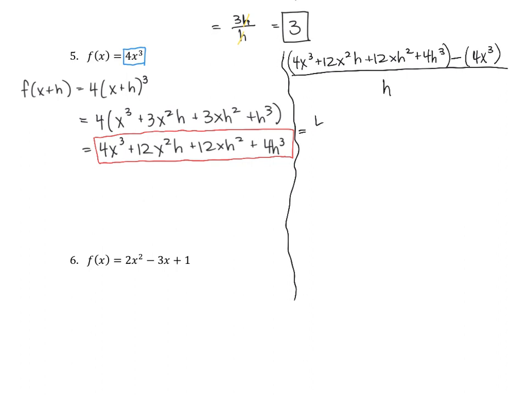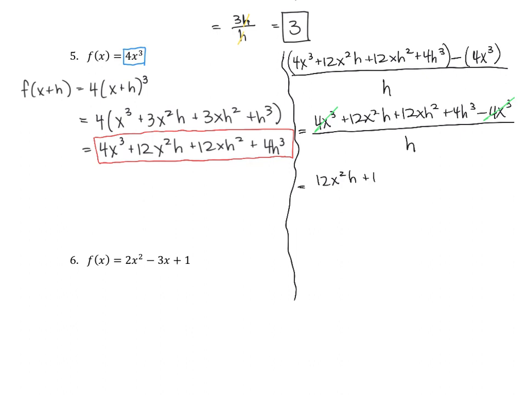All right, so 4x cubed plus 12x squared h plus 12xh squared plus 4h cubed minus 4x cubed all over h. So notice I have 4x cubed and negative 4x cubed, so those cancel out. And I'm left with 12x squared h plus 12xh squared plus 4h cubed all over h.